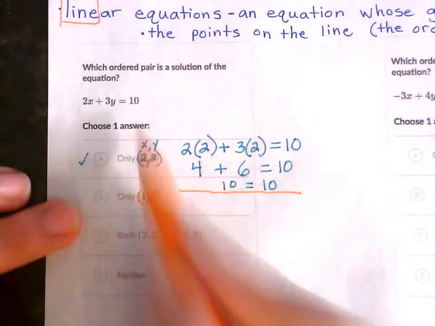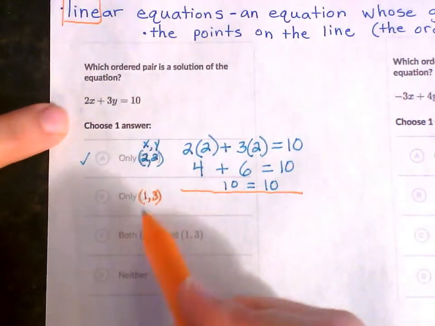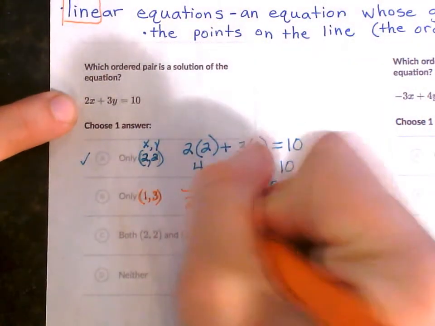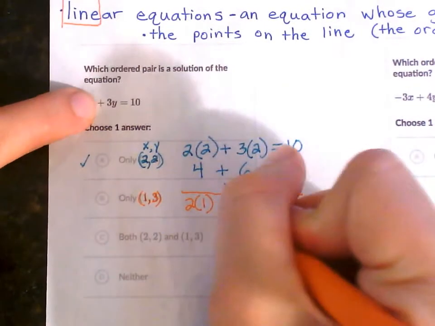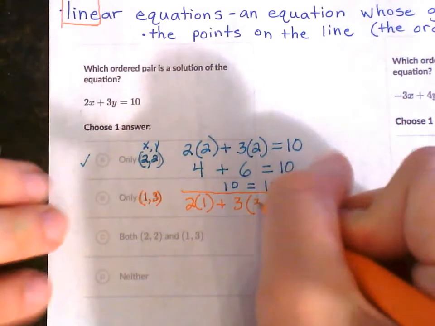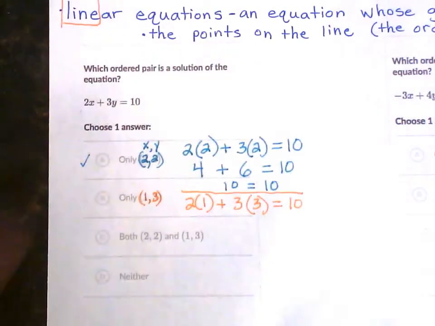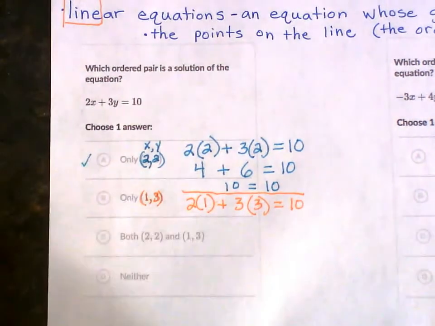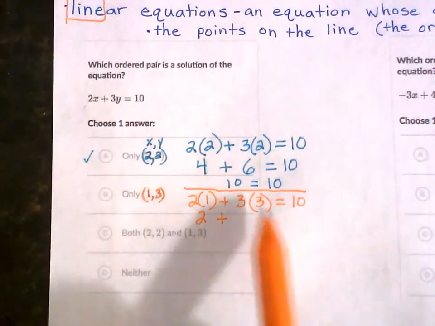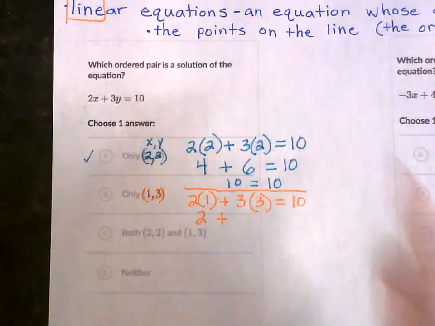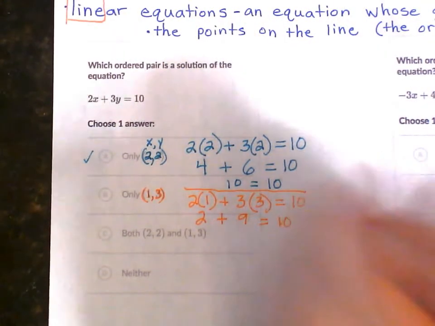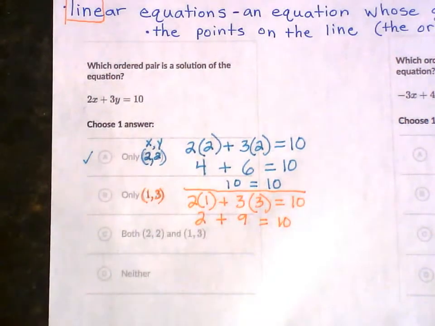So let's plug it in: 2 times 1 plus 3 times 3 equals 10. 2 times 1 is 2, plus, PEMDAS, we have to multiply before we add, 3 times 3 is 9. 2 plus 9 is 11.